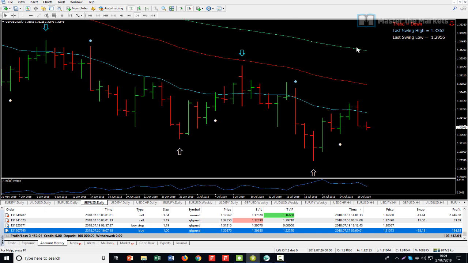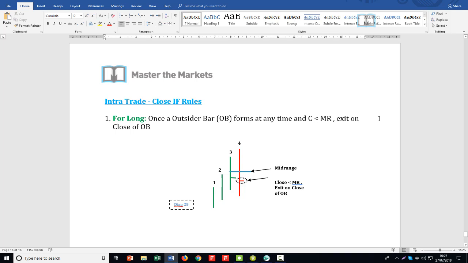Due to the nature of the quantified trading plan that we have here at Master the Markets, where every single possible permutation of price action pattern is covered. If you took a careful look at the trading plan, of course, which is 18 pages long, due to the level of detail that goes into actually making the plan, you can see one of the intratrade close rules is if we have this pattern here, which you can see is what we call an outsider bar, or an OB for short, with a close here below its mid-range.